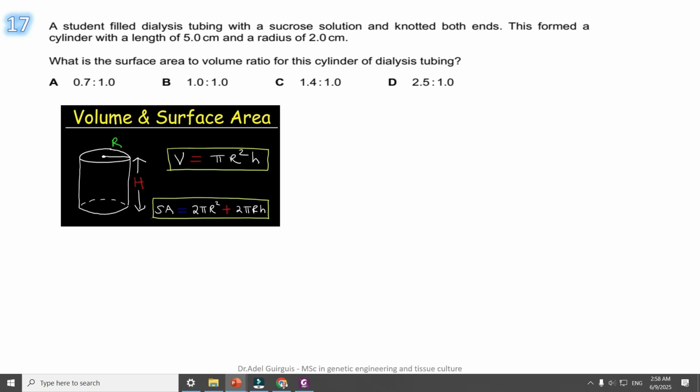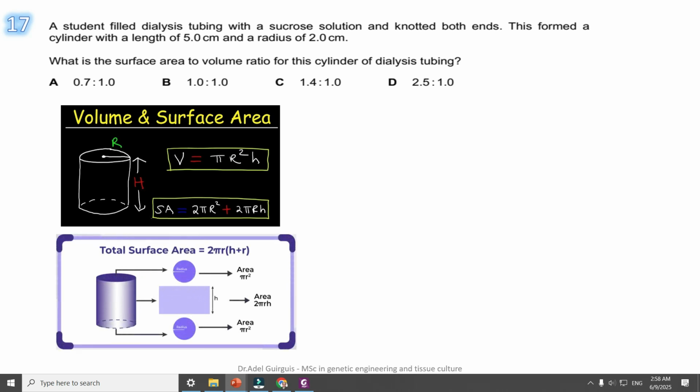Firstly, the same 2 rules we dealt with before in the same video. For surface area, we can also use this formula: 2 pi r times (h plus r). We used this before.